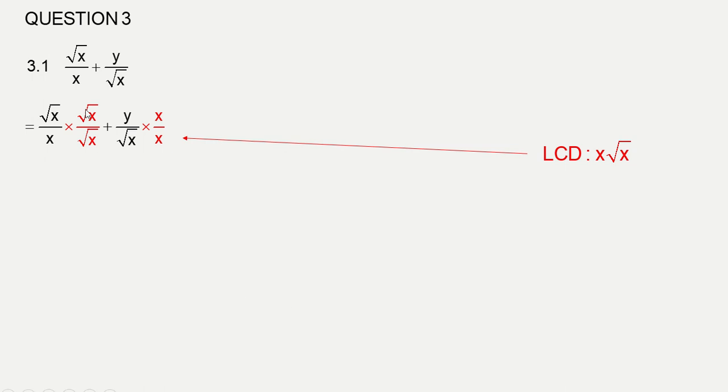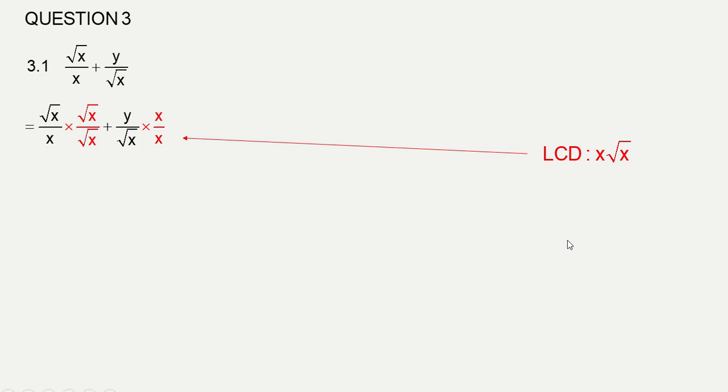So in the first term, we multiply by root x over root x because x times root x will give us our LCD. We multiply by x here because it will give us our LCD again. But again, this is 1, which means we haven't changed this expression.